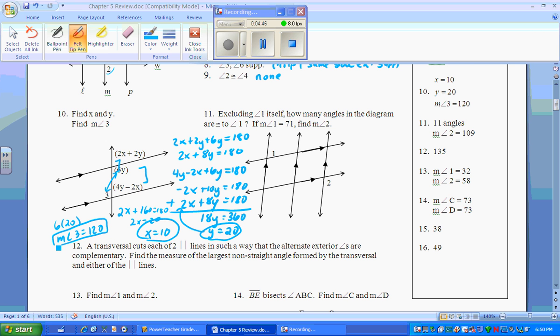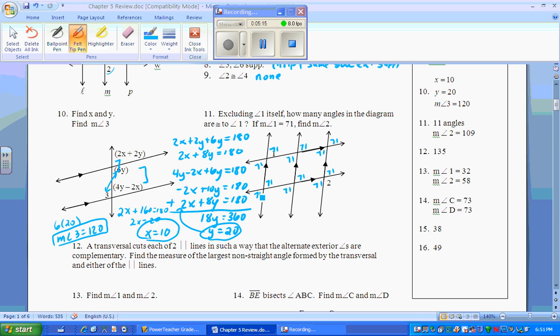All right. Number 11, excluding angle 1 itself, how many angles in the diagram are congruent to angle 1? Angle 1 is 71. Well, there's 71, corresponding to here, that's 71, which corresponds to here, 71. If we look down this way, alternating interior, alternating exterior, meaning 71, 71, 71, 71.